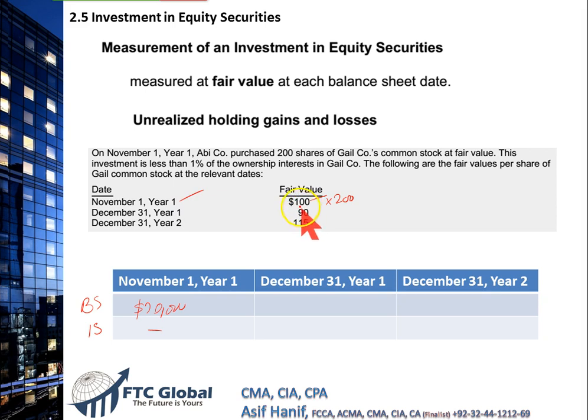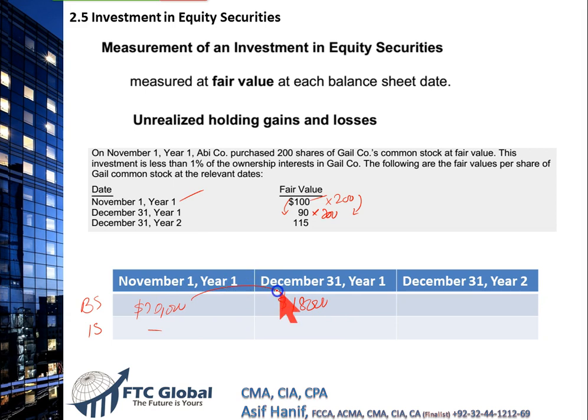These shares fall in value. The fair value is now $90. So 200 shares multiplied by 90, now the value is $18,000. What we have to do, we have to bring these investments from $20,000 on the balance sheet to $18,000.